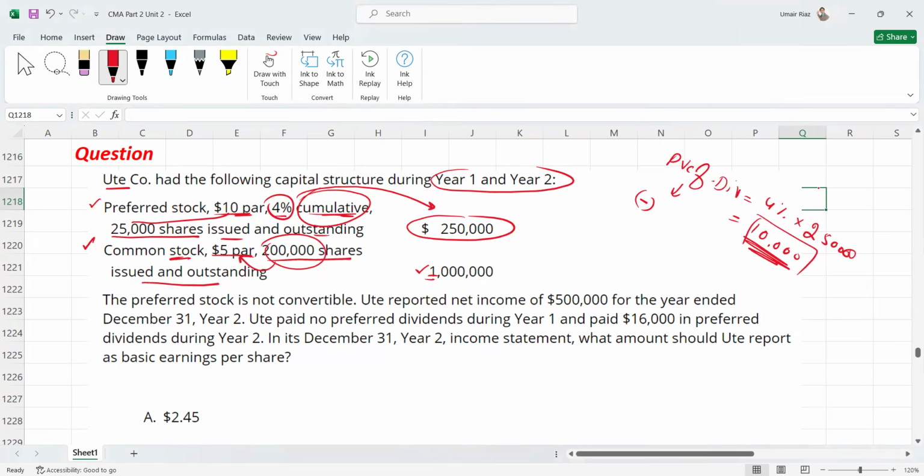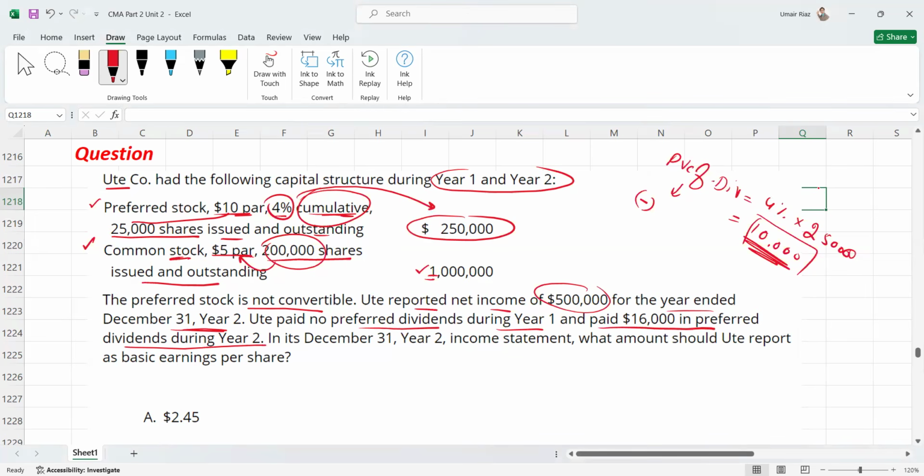Then they're saying the preferred stock is not convertible. You reported net income of 500,000 for the year ended December 31st, year 2. You paid no preferred dividend during year 1 and paid 16,000 in preferred dividend in year 2.